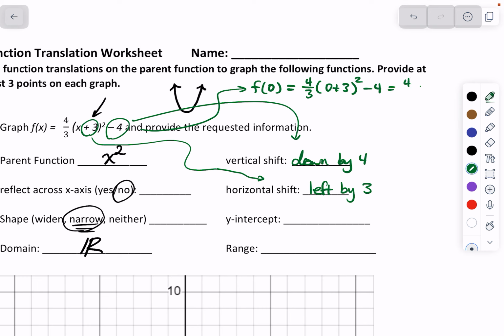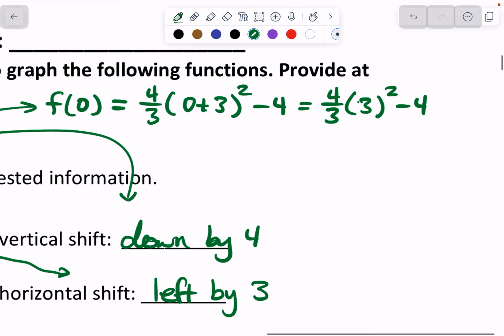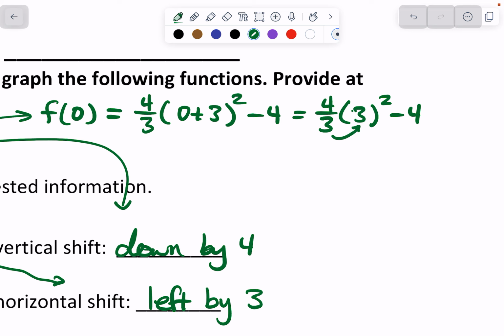So we get 4/3, 3 squared minus 4. Make sure you're actually following PEMDAS. I saw some people on the quiz were doing this multiplication first and then the power. In PEMDAS, exponents happen first, guys. So the way this happens is 4/3 times 9. Then we do the subtraction at the end.